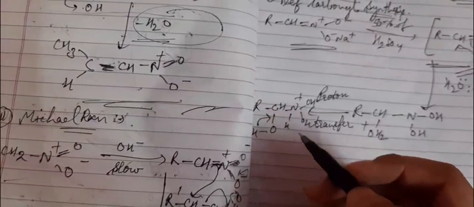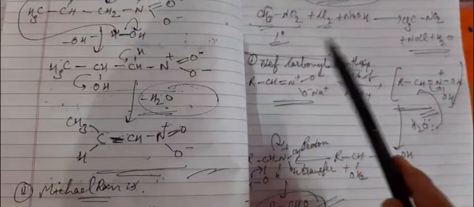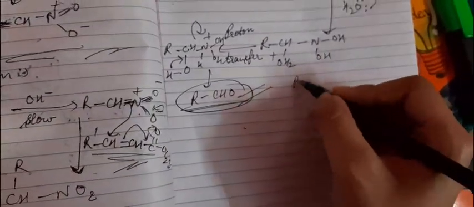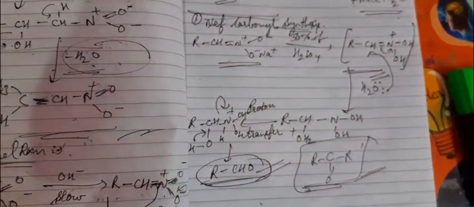Now this H atom gets released from this compound, and we get RCHO, that is an aldehyde. Similarly, if we take 2 degree nitroalkanes, then on treatment with 50% H2SO4, they give ketones, in the similar way in which we proceeded with this reaction.